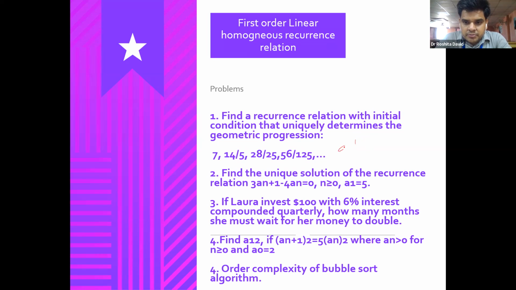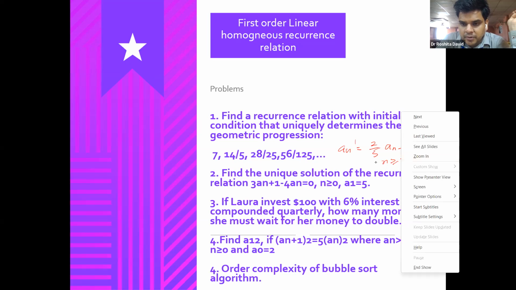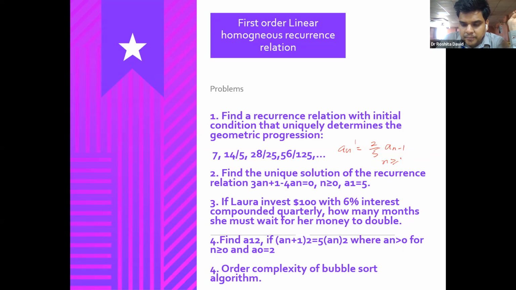The answer will be an is equal to 2 by 5 into an minus 1 for n greater or equal to 1, and the initial condition is going to be a0 is equal to 7. So this is your answer in one step, right?